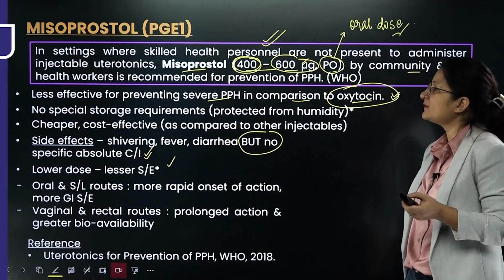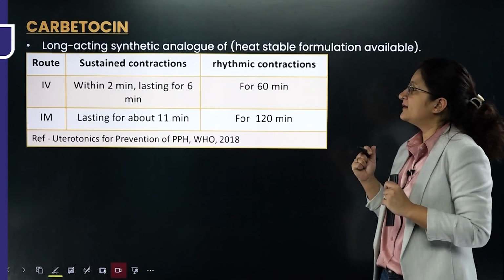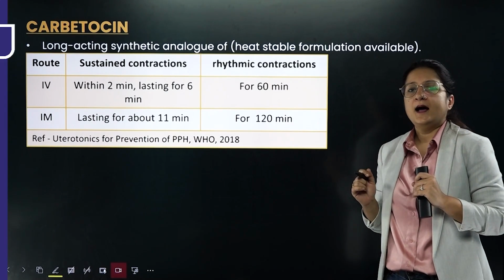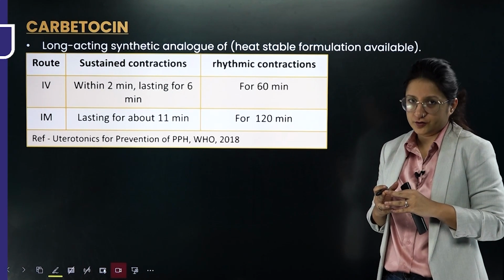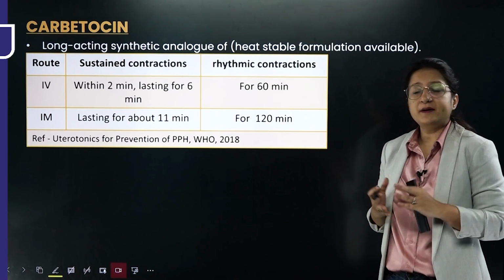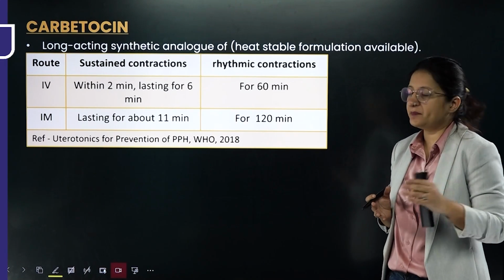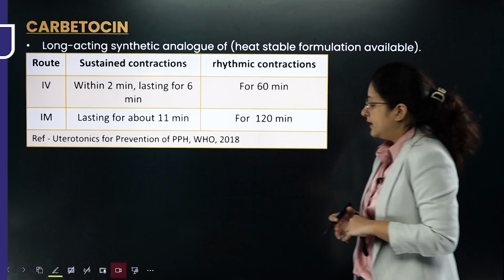Okay. Now, let's talk about another drug that is being talked about a lot these days, and that is carbetocin. Now, it is a synthetic analog of oxytocin, and the natural oxytocin is a nonapeptide, whereas carbetocin contains 8 amino acids. It's an octapeptide, and it is long-acting.